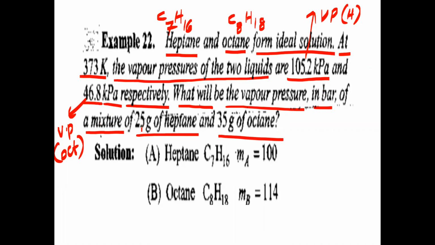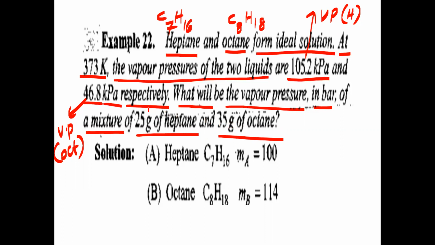The weights of heptane and octane are given. From the given weights we can calculate the number of moles. Number of moles of heptane equals given weight of heptane divided by gram molecular weight of heptane. Similarly, number of moles of octane equals given weight of octane divided by gram molecular weight of octane.